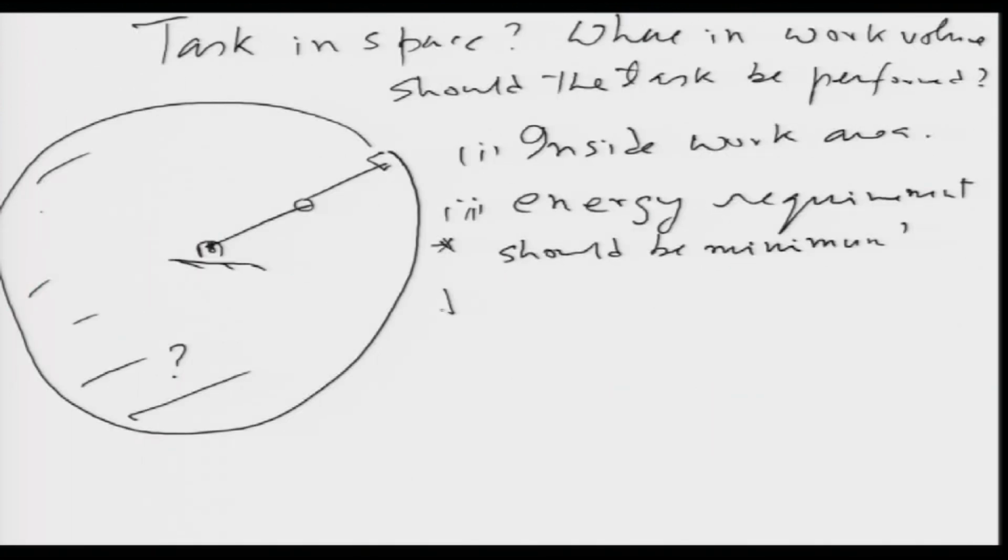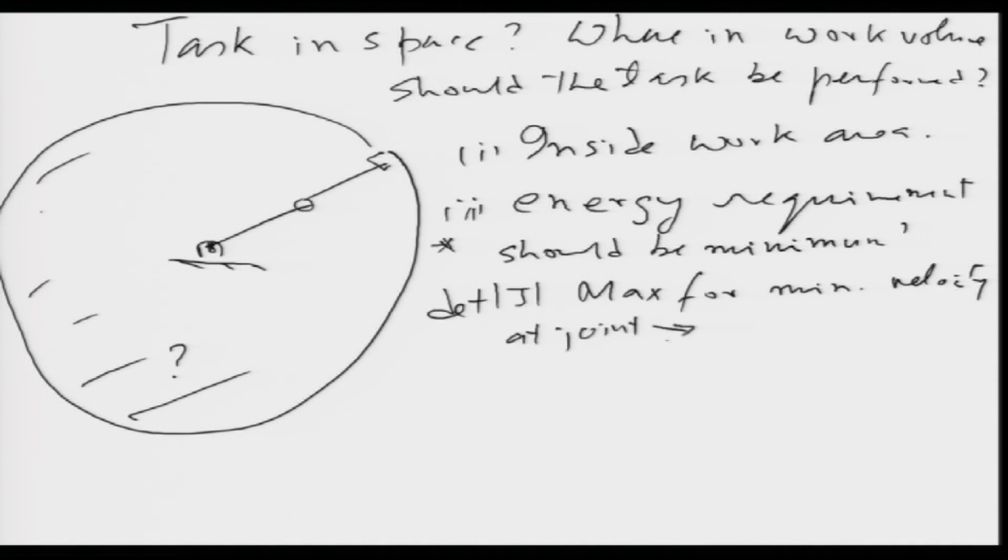So, again we say that the determinant of J should be maximum for getting the minimum joint velocities, which is indirectly equal to minimum energy.